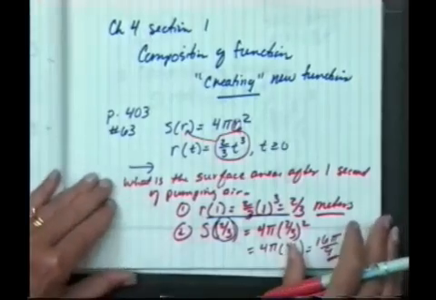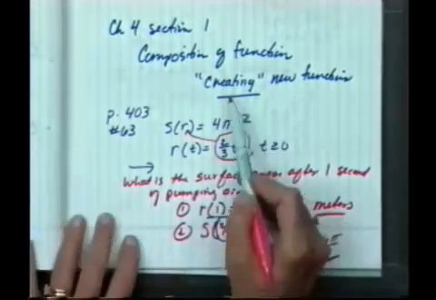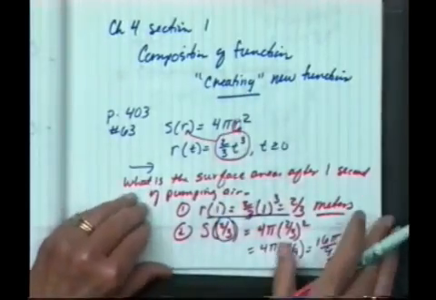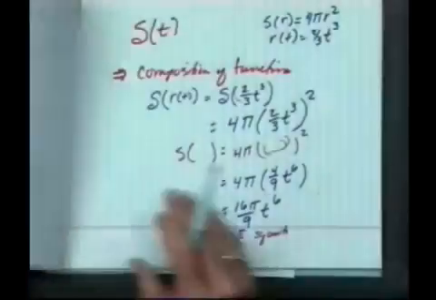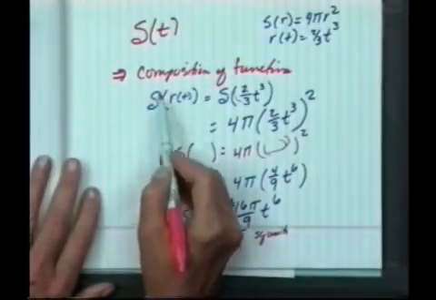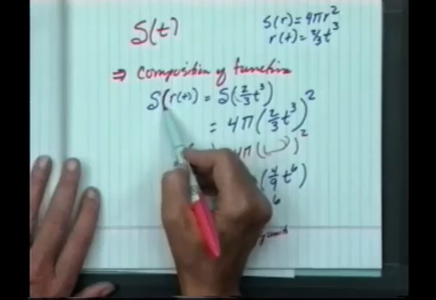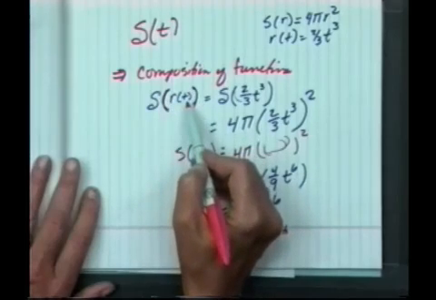But to change it from a two-step problem to creating a new function where surface area is in terms of time, I'm evaluating the surface area with respect to time, where I'm using the function R evaluated at t.